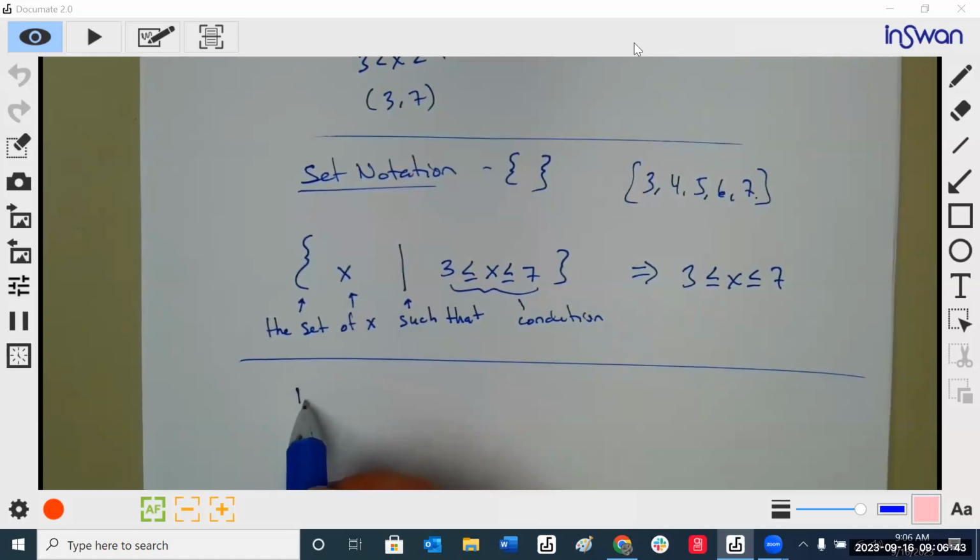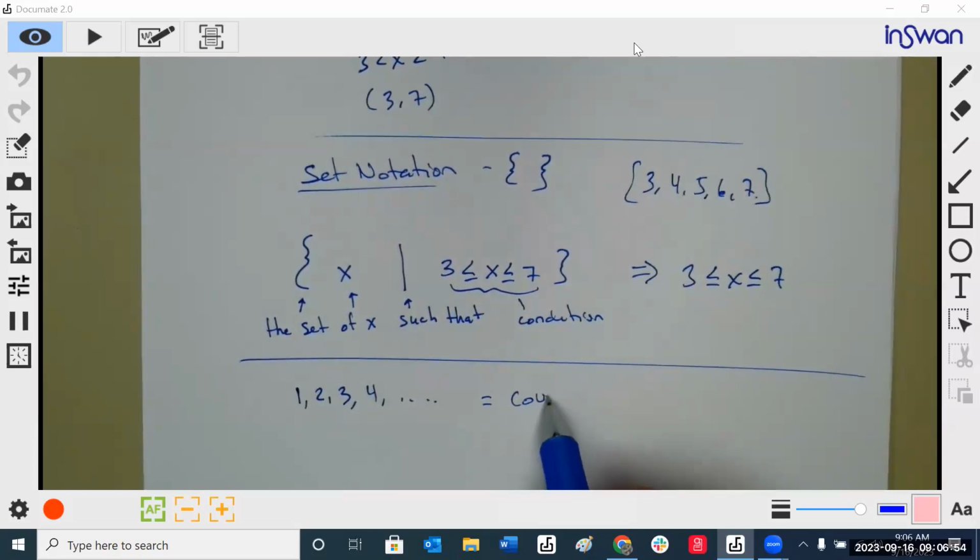Didn't you learn these? These are called the counting numbers. Why? Because if I ask you to count to 10, you will start with 1.